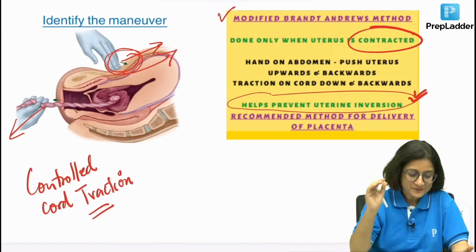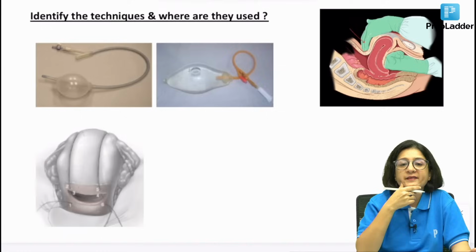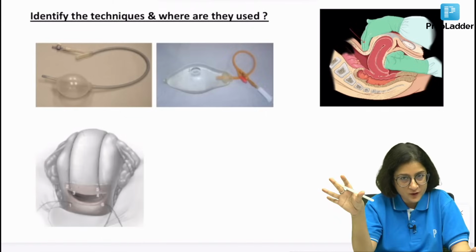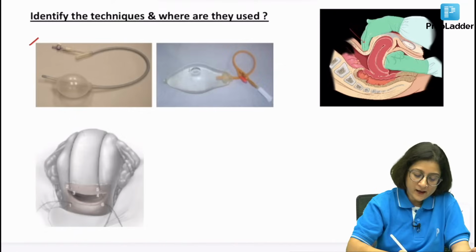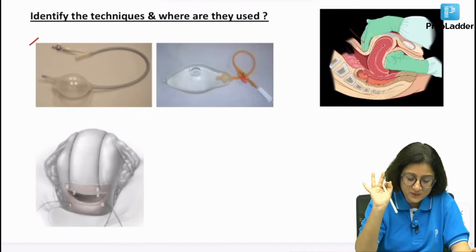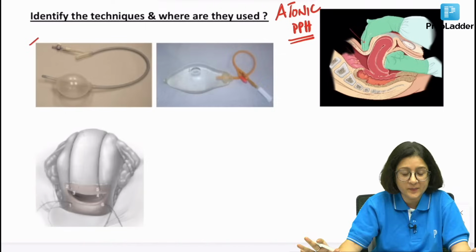Okay. Now, next image, identify the techniques and where they are used. So, all of these techniques are used in one place. That is why all of them are together. But let's identify. Image on the left. This is a specially designed balloon. What is this? Yes, you're right. All of these procedures are done in atonic PPH cases, right?